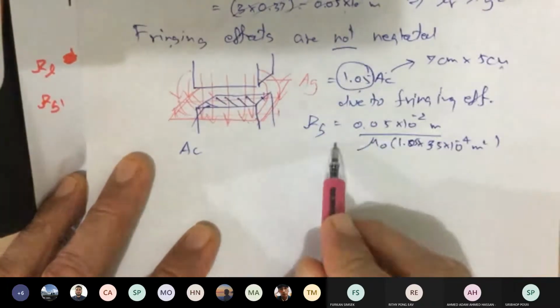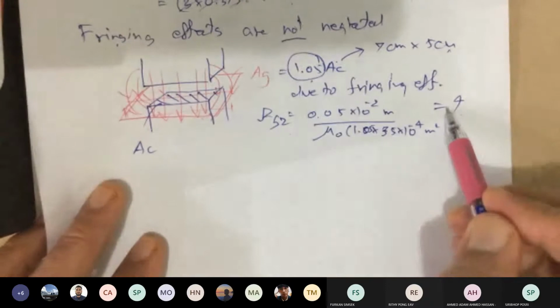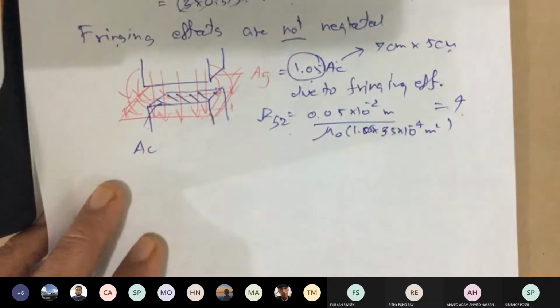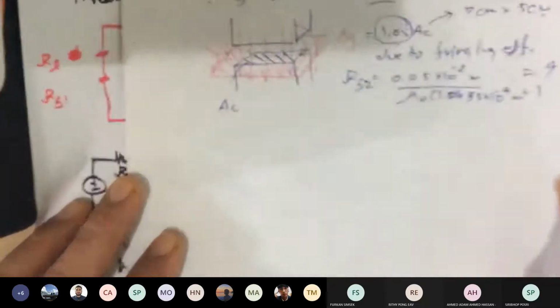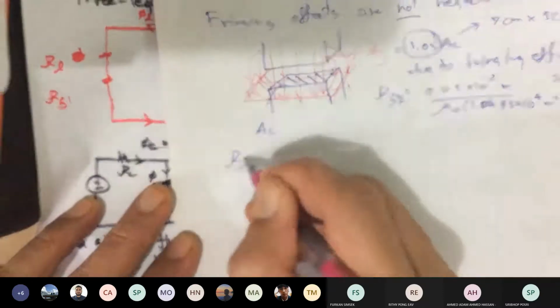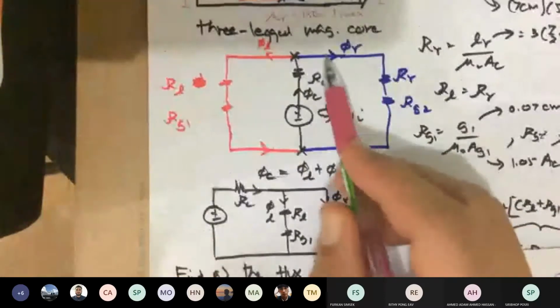So this is our RG2. Again, do your own calculations. So this is the right leg. Repeat the same process for the left. If you notice, the left is symmetrical to the right for this core, right? This is symmetrical.